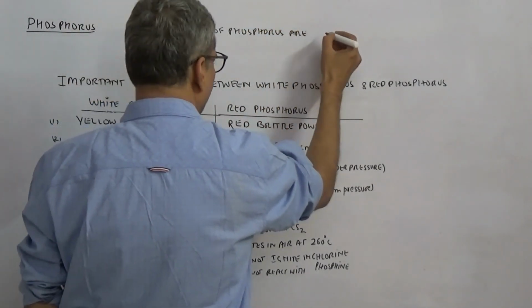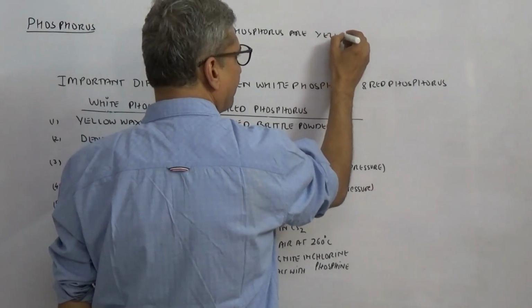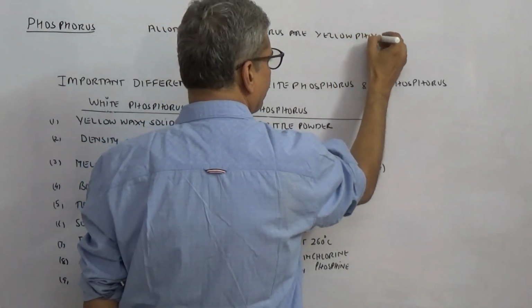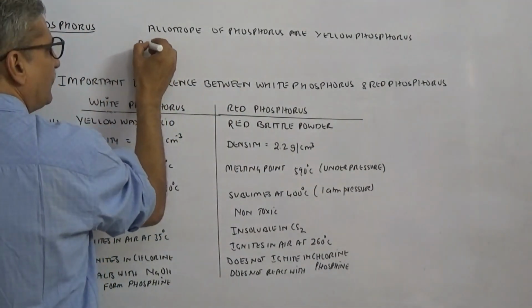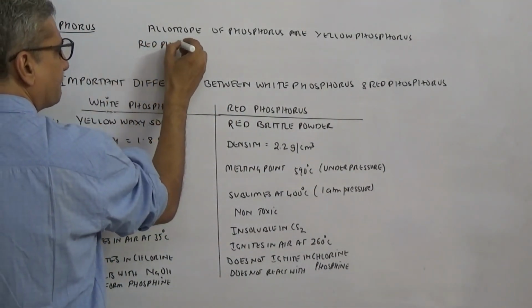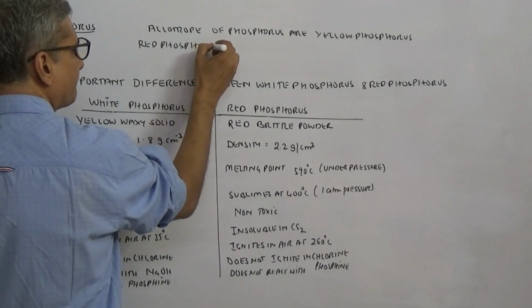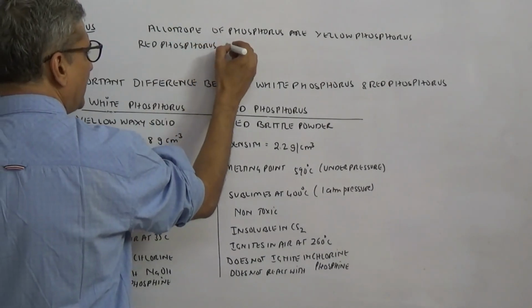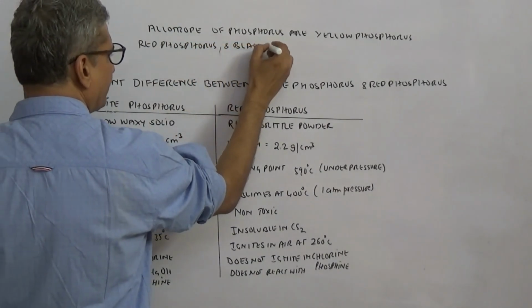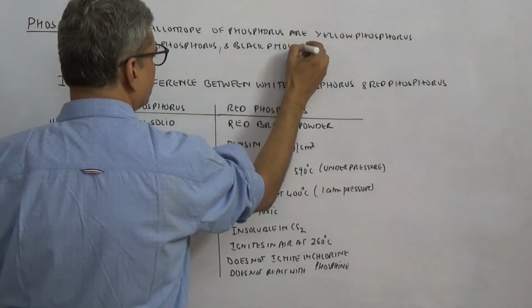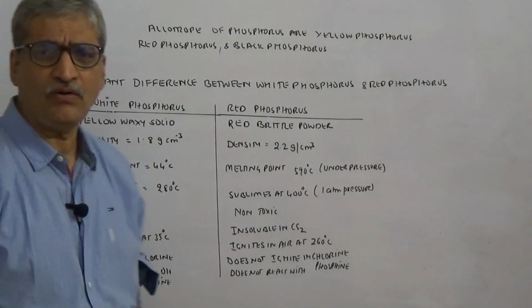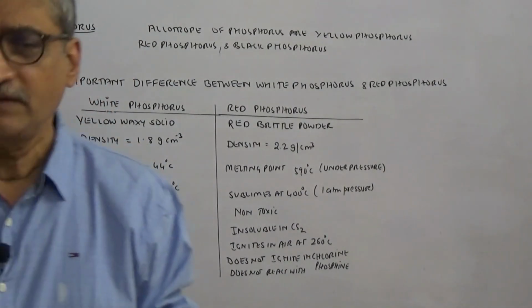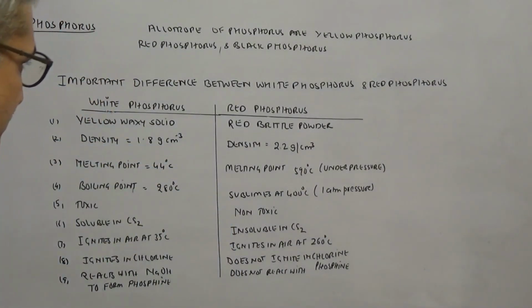Allotropes of phosphorus are yellow phosphorus, red phosphorus, and black phosphorus. See, one thing is, eventually all these allotropes will get converted into yellow phosphorus.